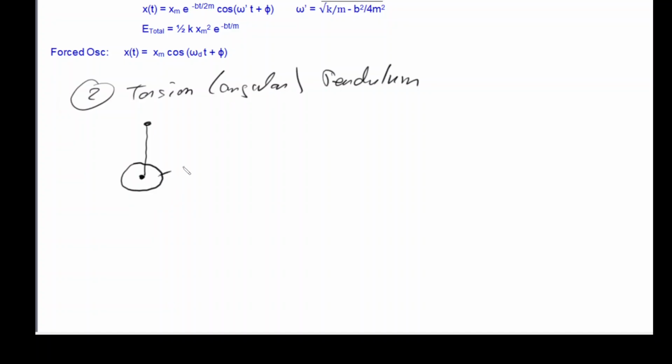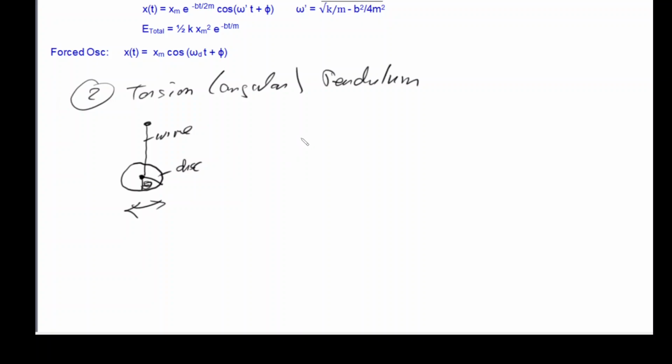Okay, this is a disc, this is a wire, and you have it move through an angle of theta, and it rotates back and forth. It's kind of like what happens in a watch. So what can we find out about this type of torsion pendulum?